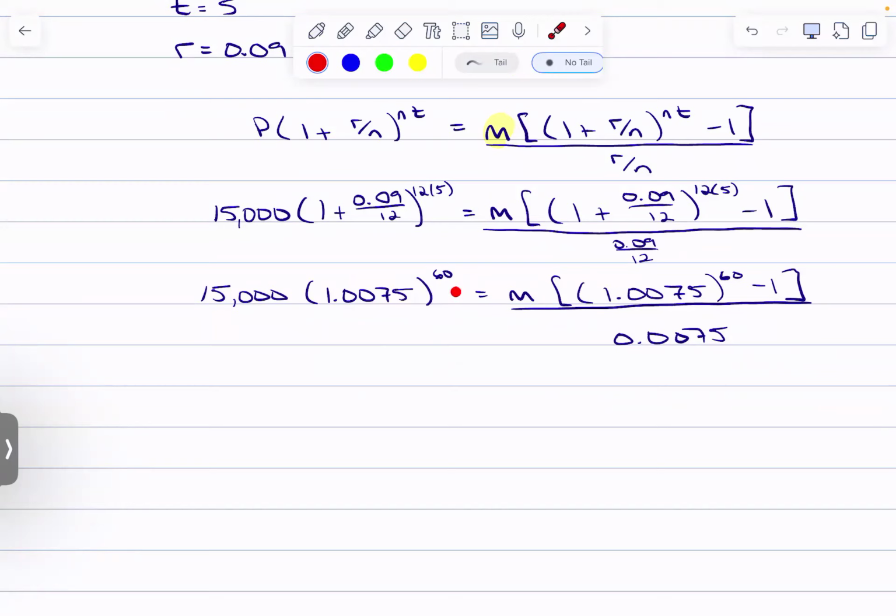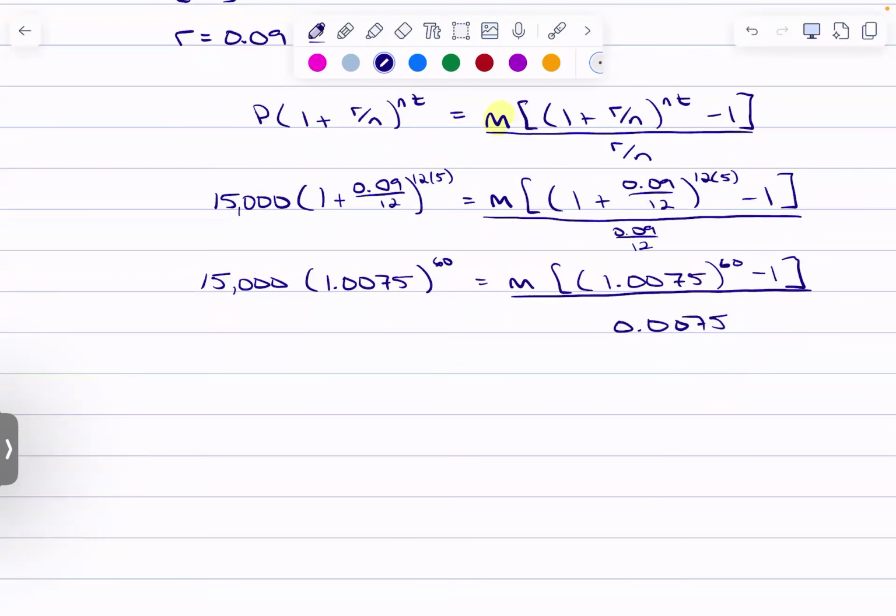1.0075 to the power of 60 is 1.565681027, which I'll store in A, times 15,000.